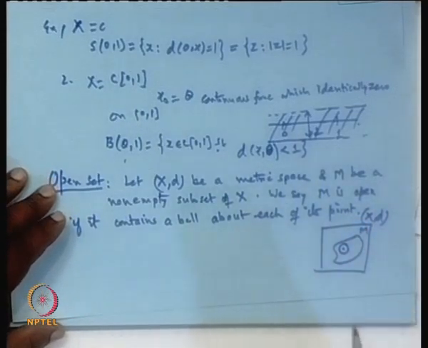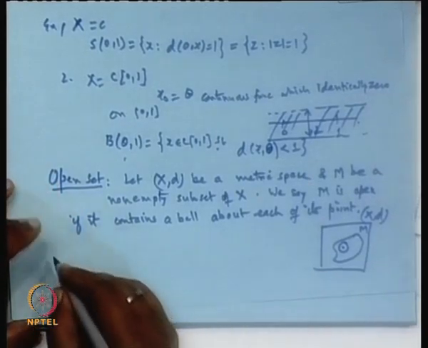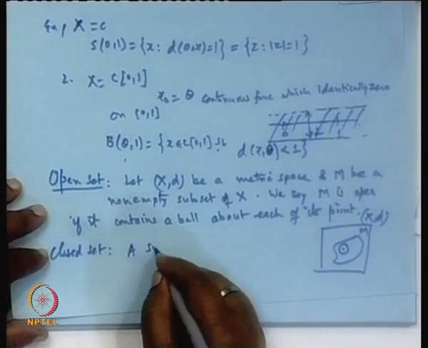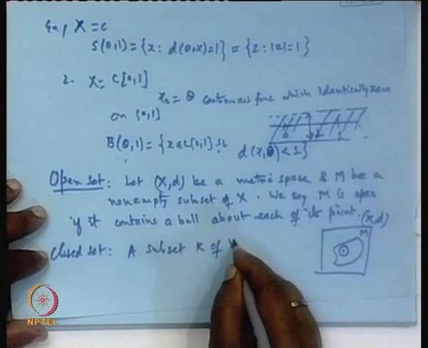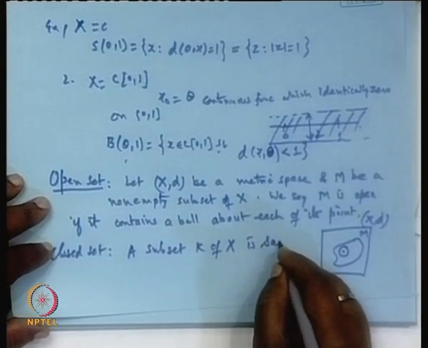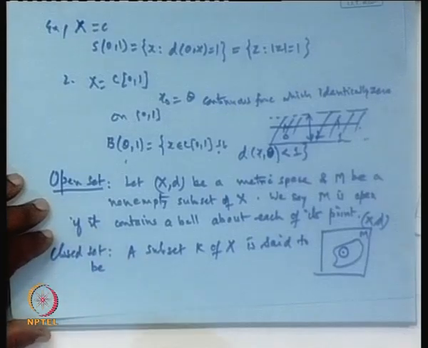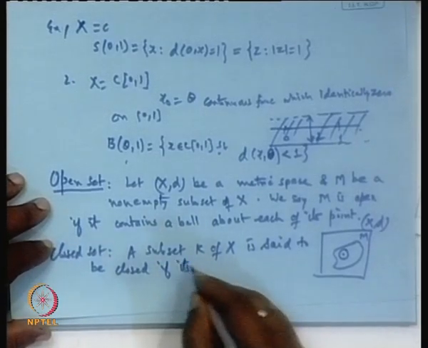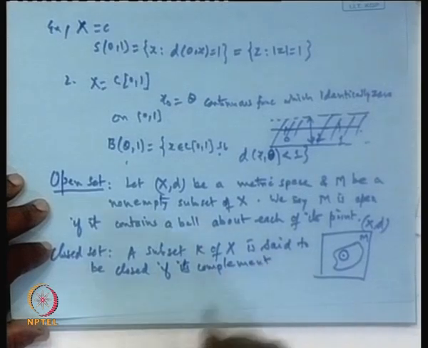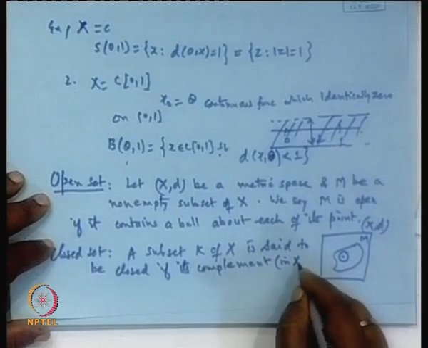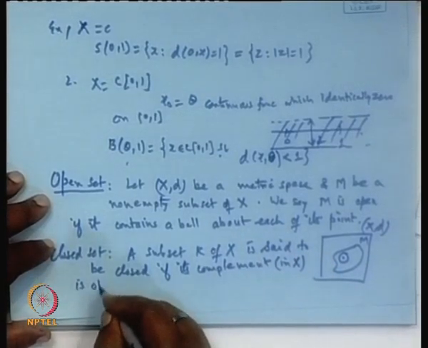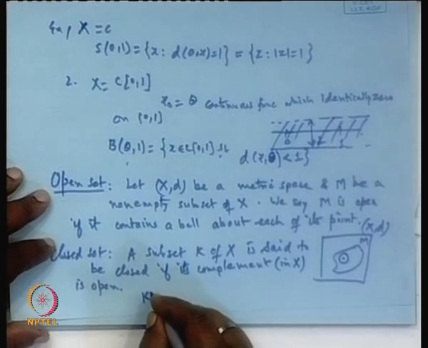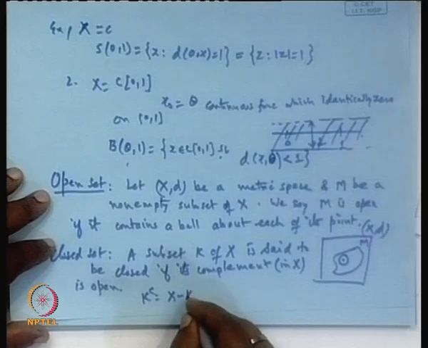The complement of an open set is called closed. So, we define the closed set as follows: a subset K of X, where (X, d) is a metric space, is said to be closed if its complement in X is open, that is, the complement X minus K is open.